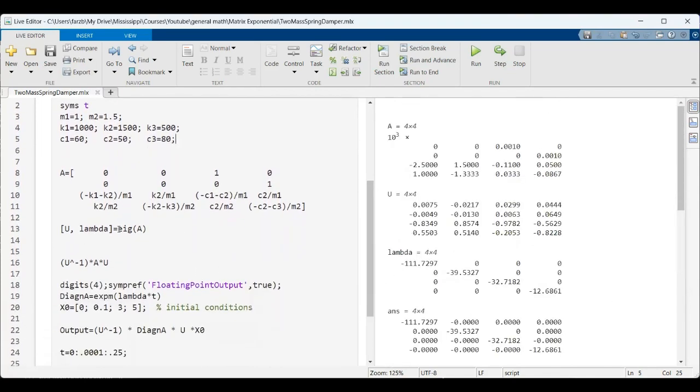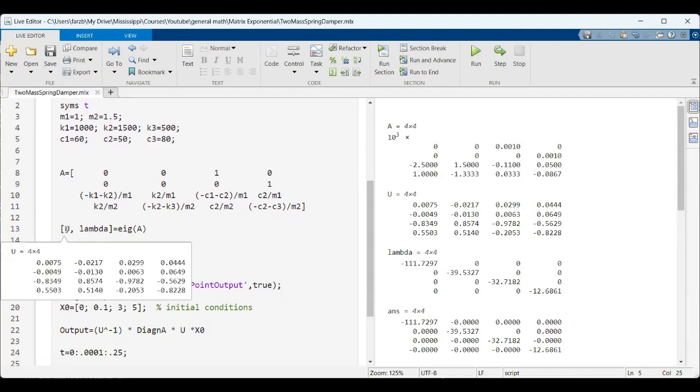Then this eig command in MATLAB gives out both the eigenvalues and eigenvectors. When we use it this way, it puts the eigenvalues on the diagonal of a 4x4 matrix, and it stacks eigenvectors U next to each other.